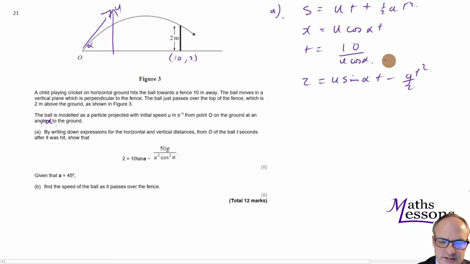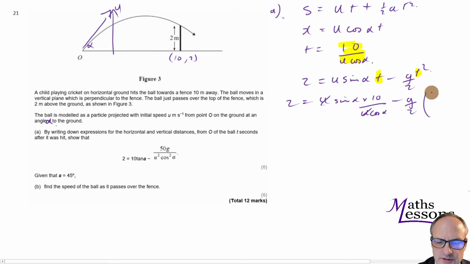Now I can replace the t's, like I did before, with 10 over u cos alpha. So I get 2 equals u sine alpha times 10 over u cos alpha. We can cancel out those u's while we're here. Minus g over 2 times 10 over u cos alpha, all squared.